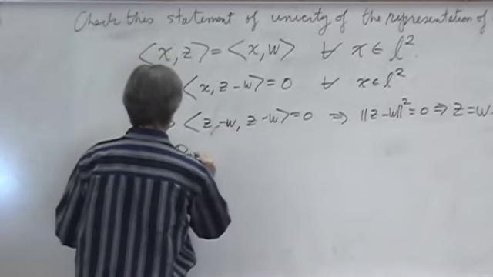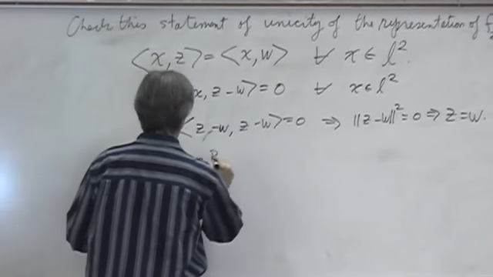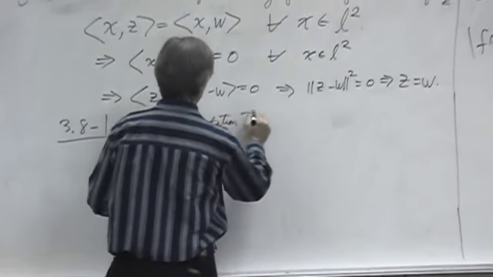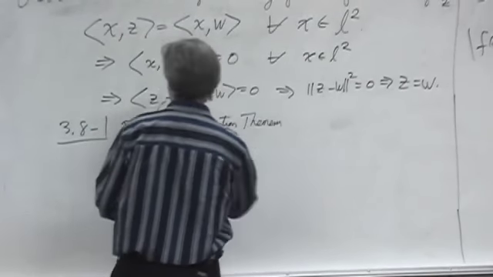3.8-1 is the Riesz representation theorem, the basic one.